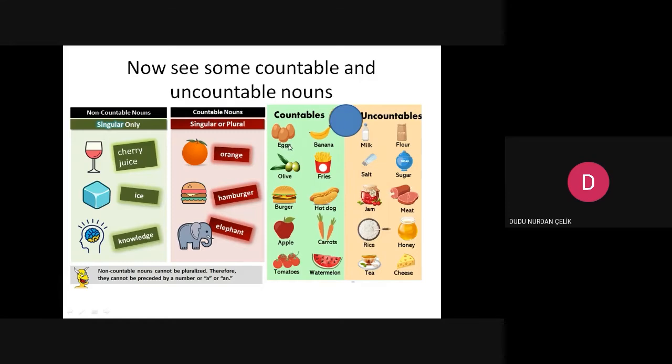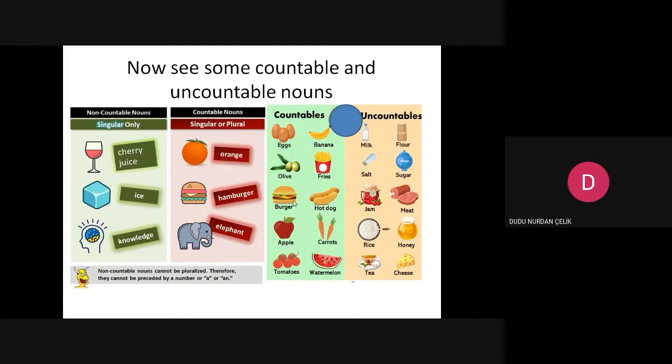Eggs, an egg, or eggs, a lot of eggs, some eggs. Banana, a banana, bananas. Olive is also countable. Look, you can say an olive, or some olives, 2 olives, 5 olives. It's countable. Fries, French fries, potatoes. You can count it.